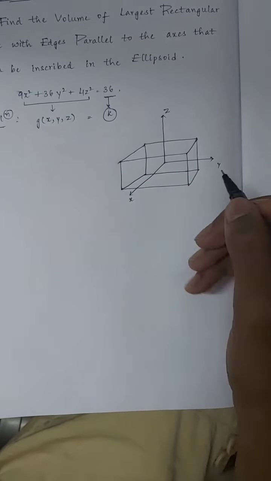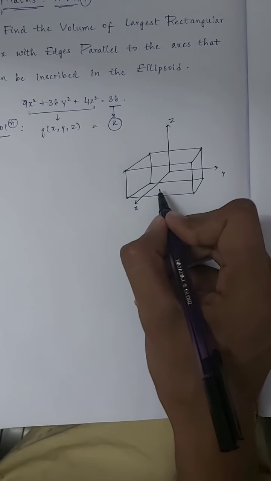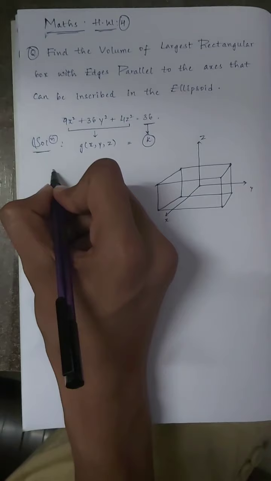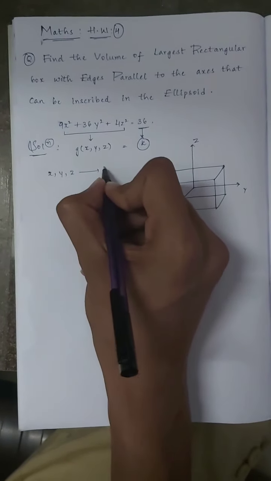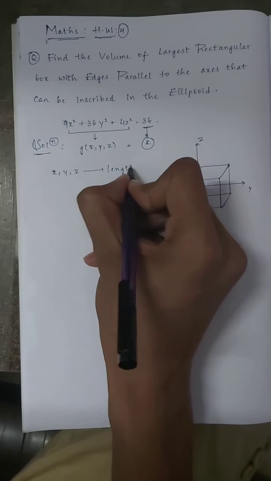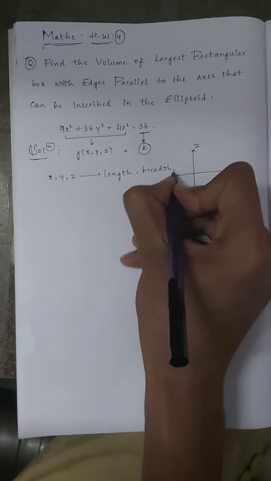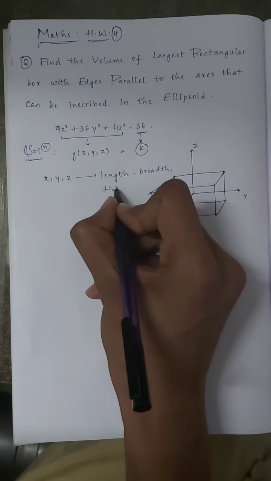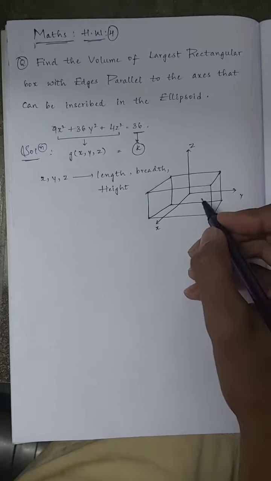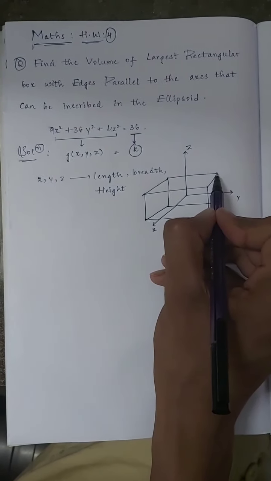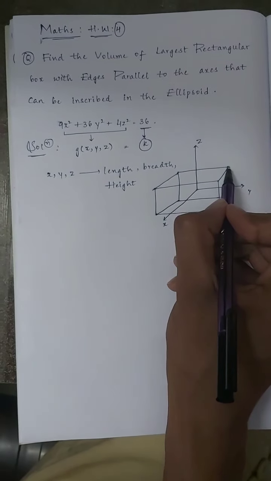So this is the rectangular box, in which let us assume that the length, breadth and height be x, y, z. This be length, breadth and height of the rectangular box, or we can also say it as a cuboid. It is being inscribed in an ellipsoid.